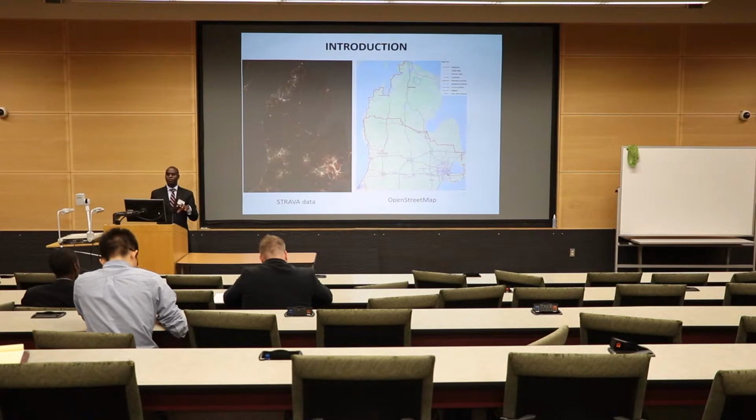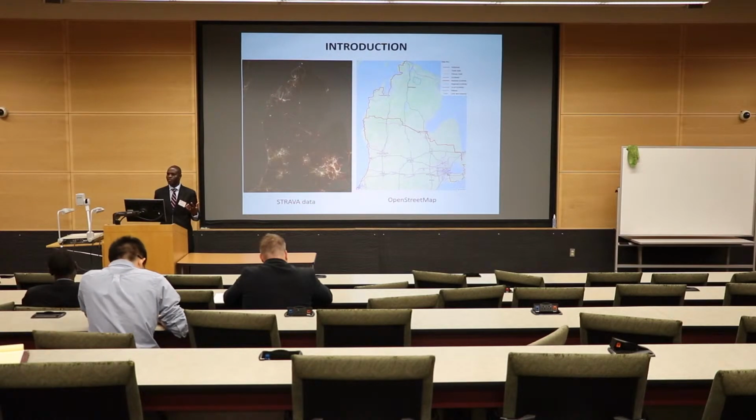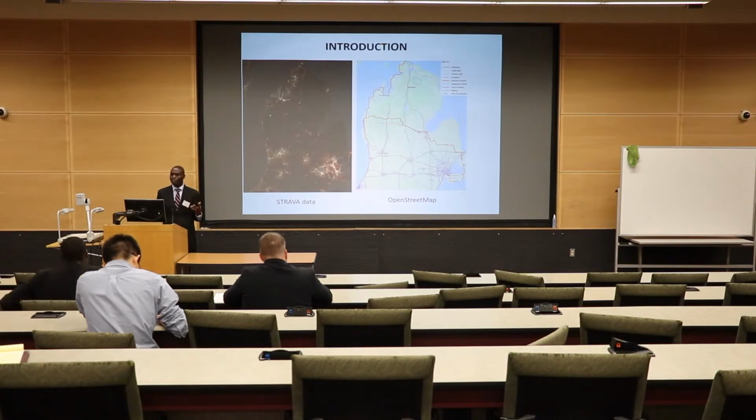So in this study, we used Strava data. And Strava is a very popular app. Many cyclists use it. And it tracks the cyclist as long as they put it on before starting their trip. And information that you get from Strava can be actually used to show you the origin and destination of those cyclists, which roadway they used, and so forth.